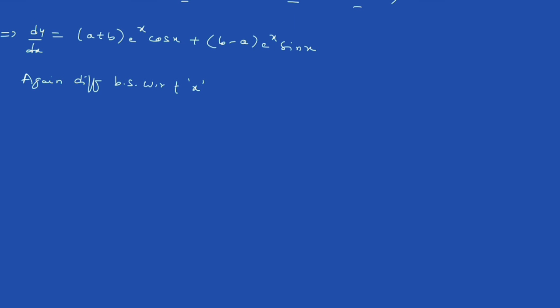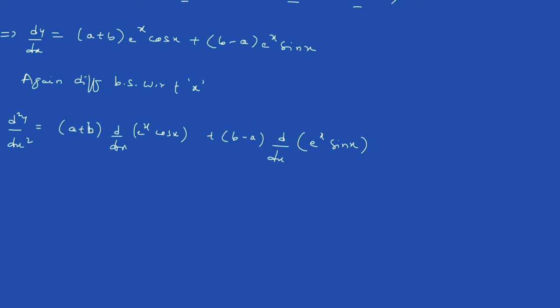Then we get, let's see what we get here, d2y upon dx square, which is equal to a plus b outside, that is constant, d by dx of e to the power of x cos x, plus b minus a outside, d by dx of e to the power of x sin x, right?